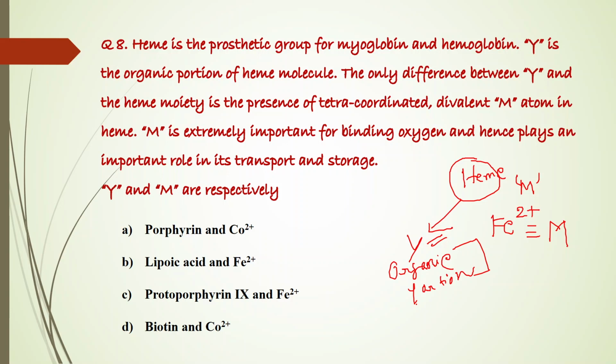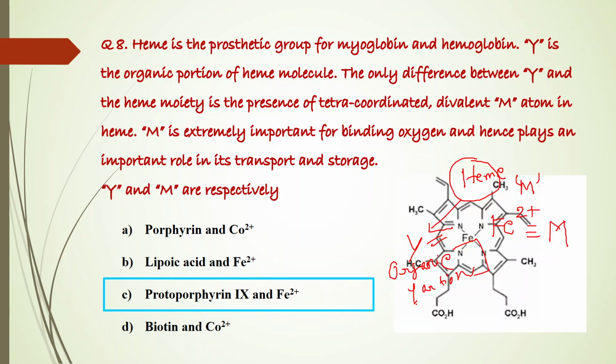In the center of that protoporphyrin sits Fe2+, which helps in binding the oxygen molecules. So the correct answer is that Y is protoporphyrin 9 and M is Fe2+. So the correct answer should be option C.